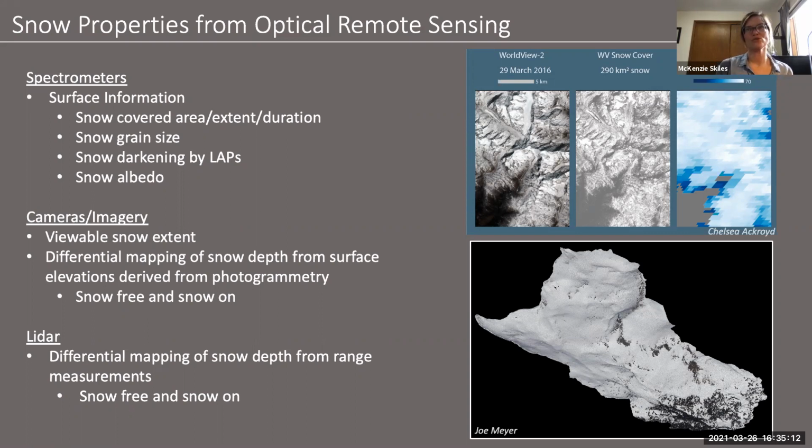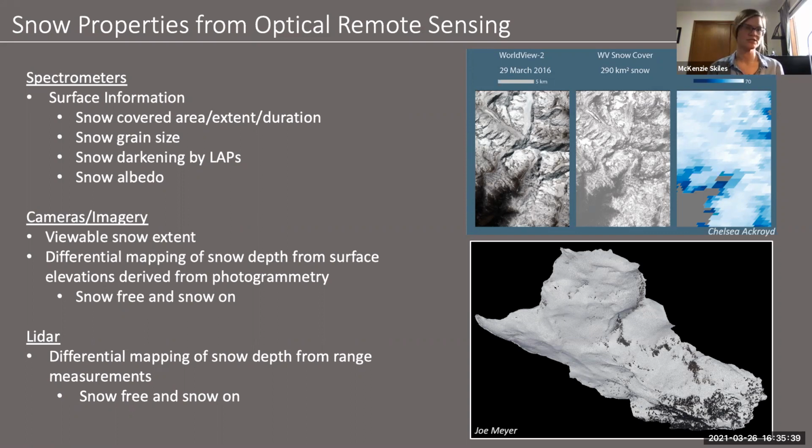We can map snow grain size, leveraging the unique reflectance characteristics of snow. We can get snow darkening by light absorbing particles. And we can model snow albedo from measured snow reflectance measurements. And then if we have camera images or RGB imagery, we can get what we call viewable snow extent.